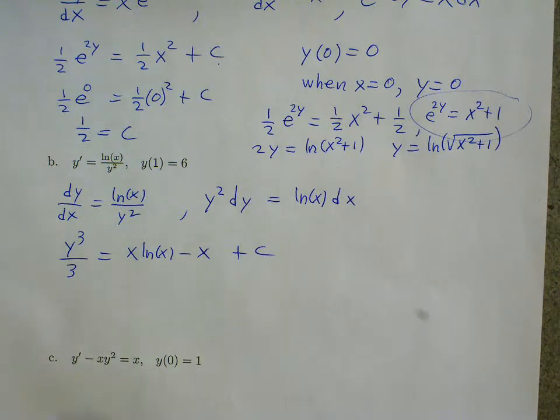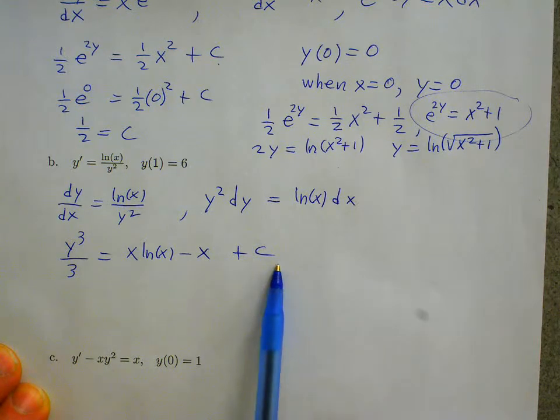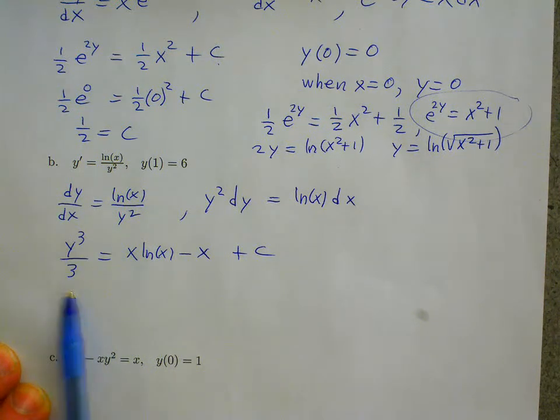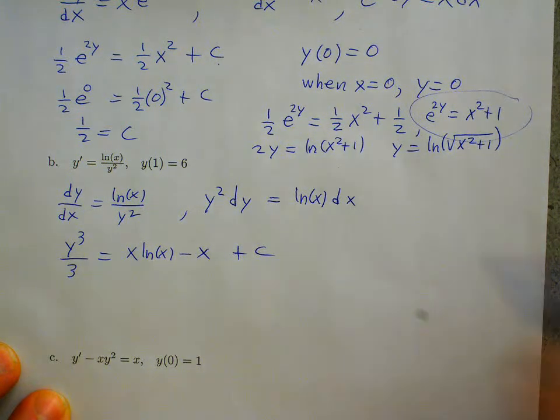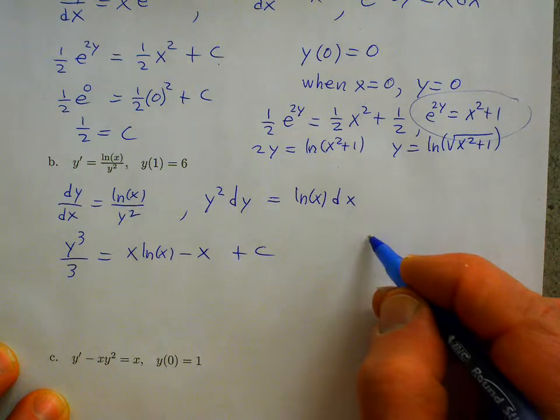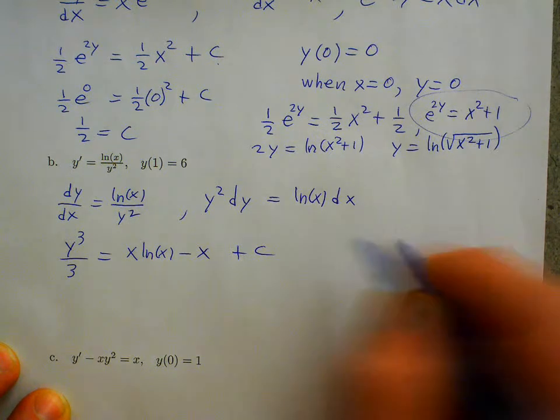I'm going from memory, so you might want to check me on that one. At this stage, we can determine what c is, even though we don't have y solved for yet, but that should be okay. Oh yeah, y of 1 is 6.